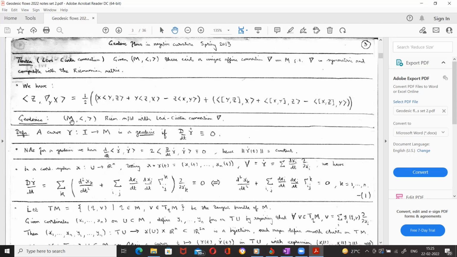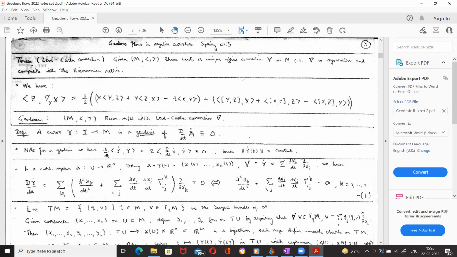Okay, fine. So, definition: a smooth curve gamma in a Riemannian manifold M is a geodesic if the covariant derivative of gamma dot is 0. Note that gamma dot, the tangent vector gamma prime of t, is a vector field along gamma.